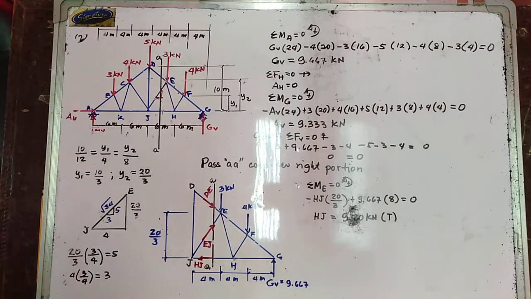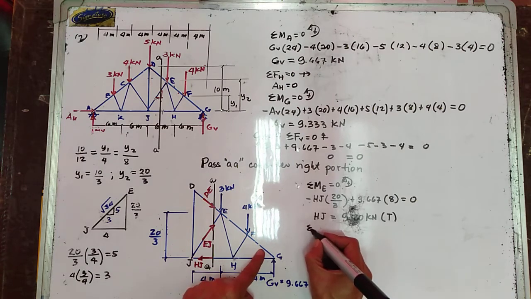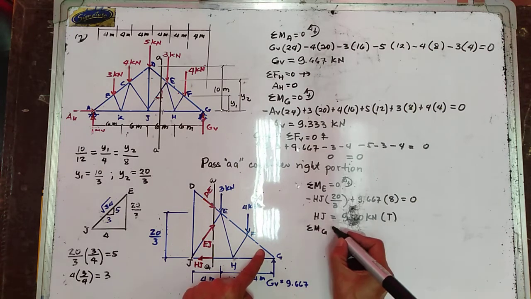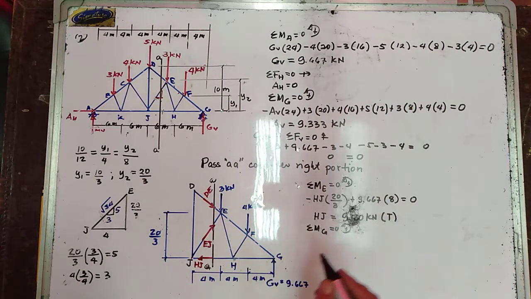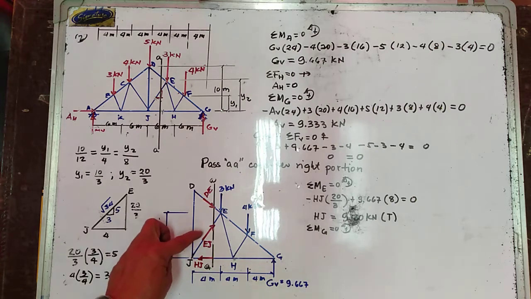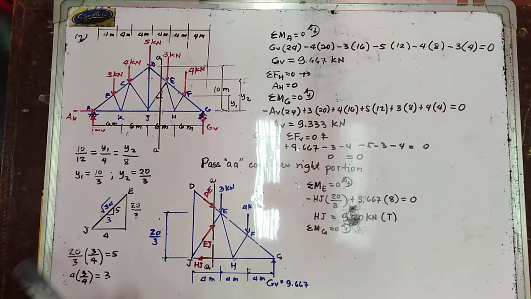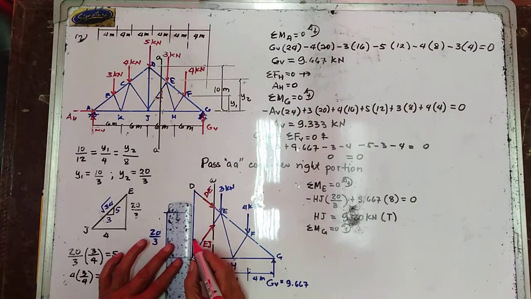Next, summation of moment about point G. Summation of moment about G is equal to 0, counterclockwise moment positive. So I am going to resolve the components of EJ at point J or at joint J. So we have your EJ vertical.